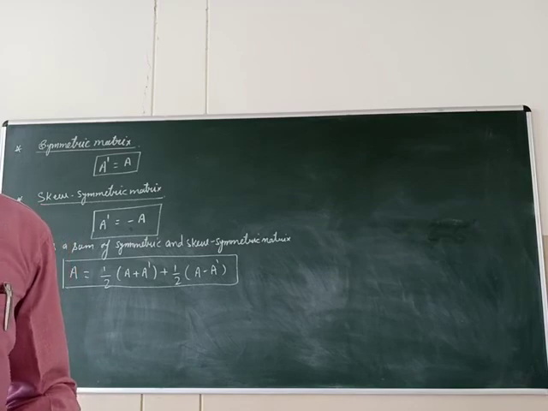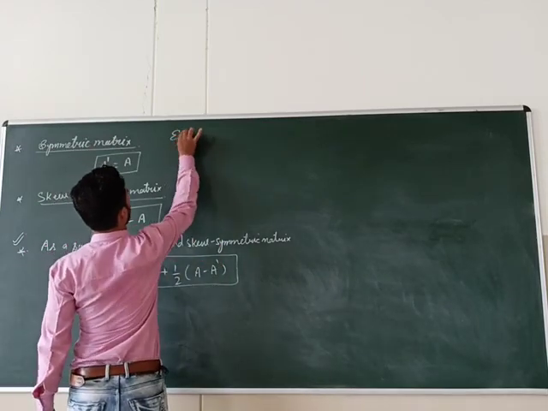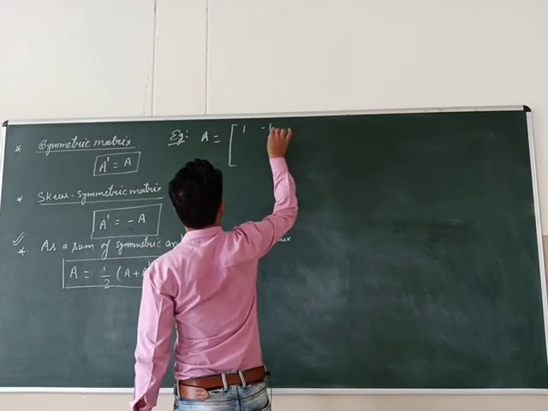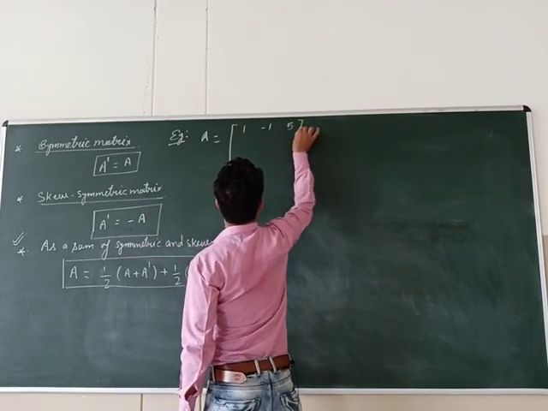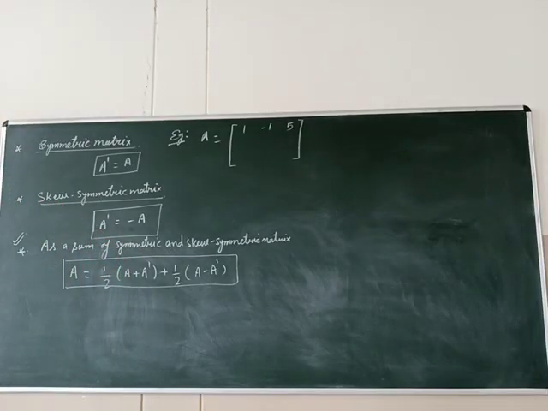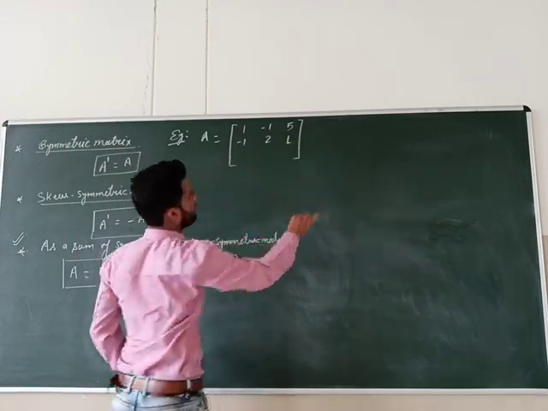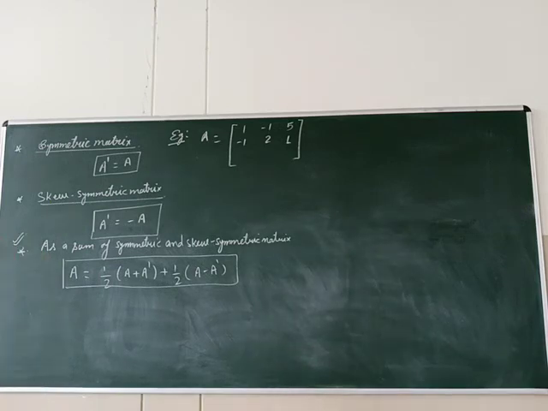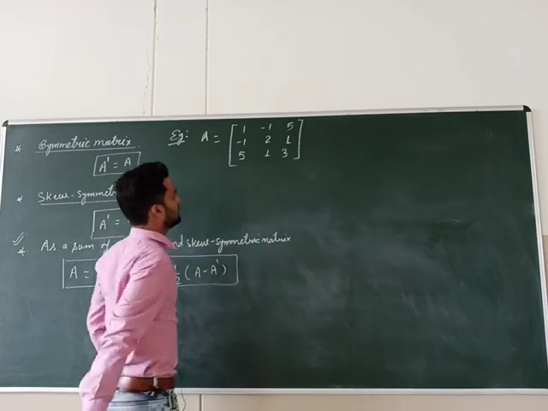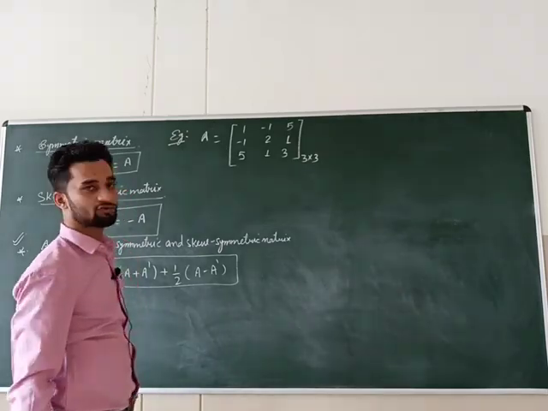You can see the matrix A is equal to, first row 1 minus 1 5, second row minus 1 2 1, and third row 5 1 3. We have to check whether this square matrix is a symmetric matrix or a skew symmetric matrix.